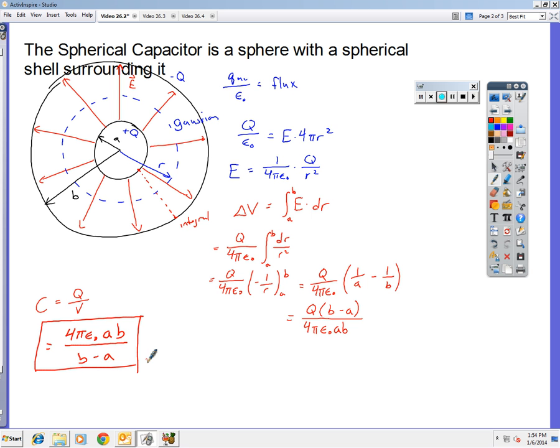Probably not really worth memorizing that expression, but you may be asked to derive it on an AP test, so remember that basic procedure. The hard part is usually finding the voltage from the field.